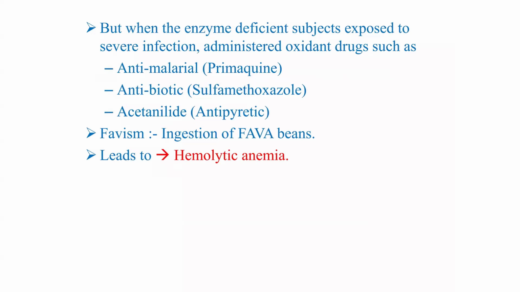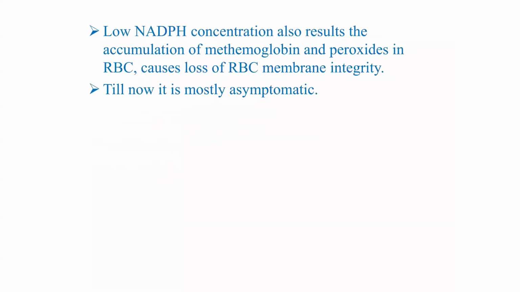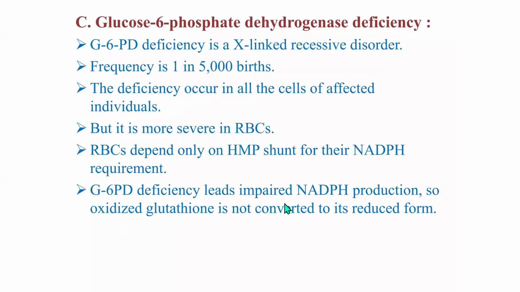Ladies and gentlemen, you should understand that the low concentration of NADPH affects the conversion of the oxidized glutathione. We know that glutathione is an antioxidant, and the reduced form of glutathione is the antioxidant form. Whenever this oxidized glutathione is not converted into the reduced form, it also becomes an oxidant.